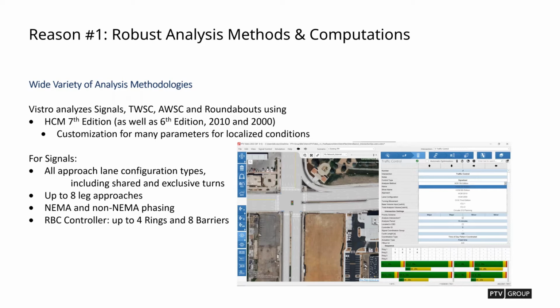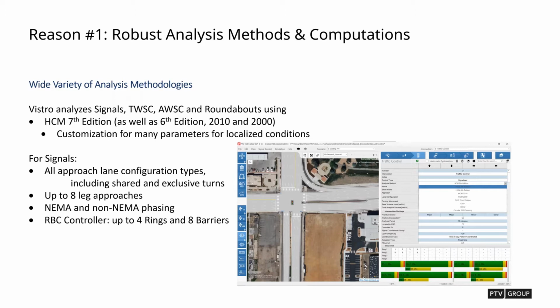And of course, we have everything customizable for you to make it localized to your traffic conditions and driver behaviors within the scope of what can be localized and edited within an HCM analysis. But a couple key things that are key points for Vistro is that we support all approach lane configuration types, including when there are shared and exclusive turns.